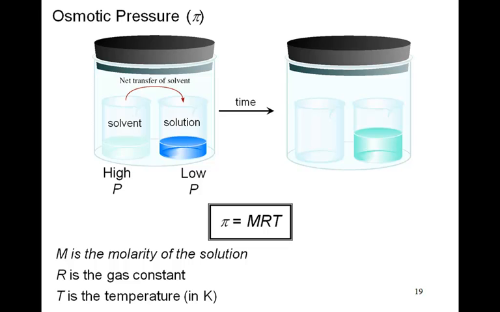Because knowing pi and knowing T, we can figure out M, the molarity. If we know the molarity and we know the mass of the solute in the solution, we can figure out the number of moles, and therefore we can figure out the molar mass. Because remember, the number of moles is equal to the number of grams of solute divided by the molar mass.